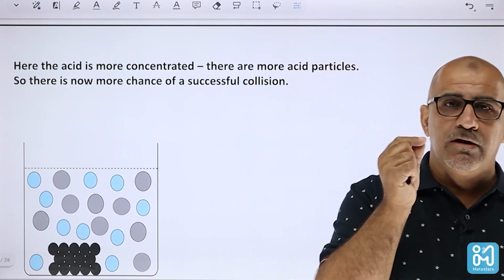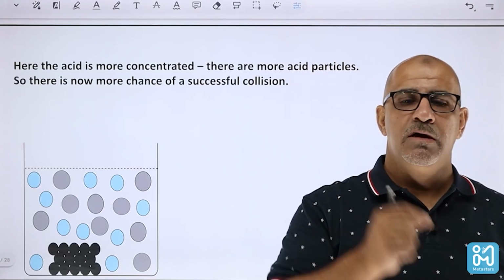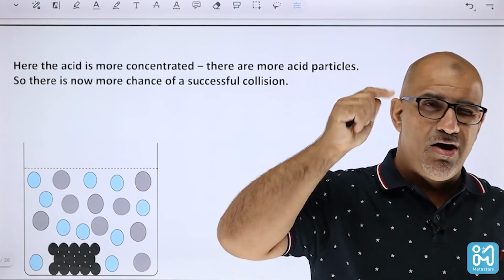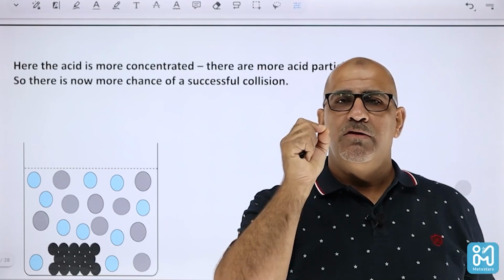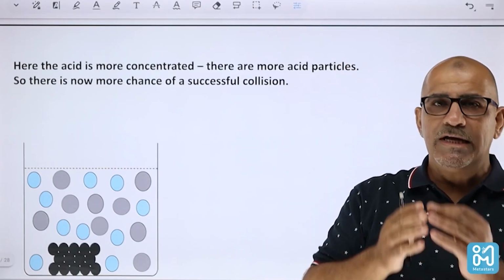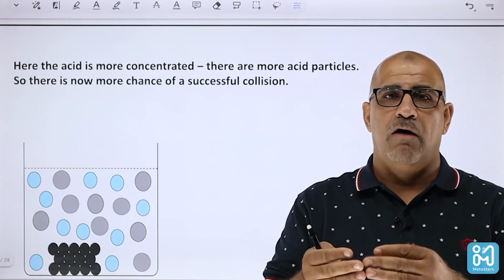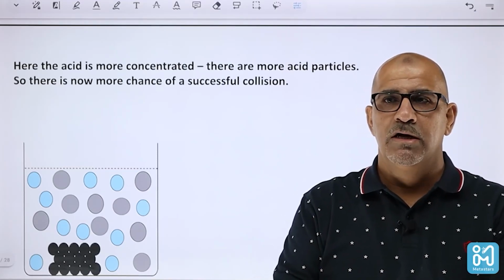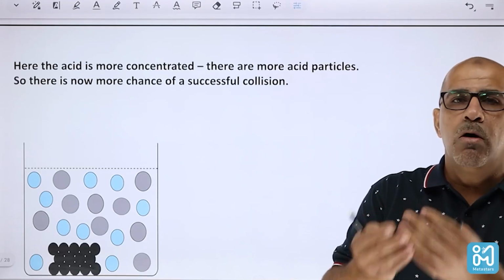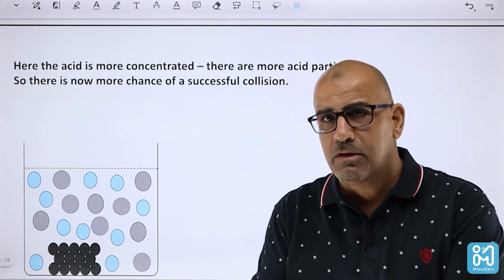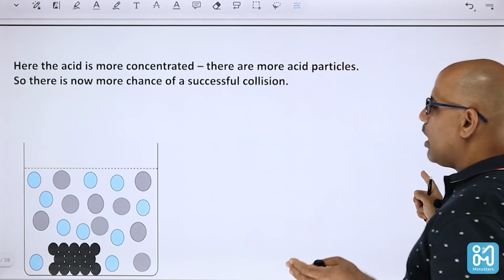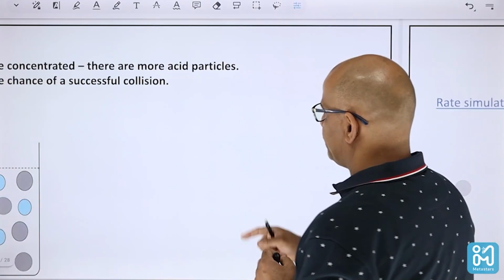So for the concentration factor, you should mention the following: increasing the concentration increases the number of colliding particles, so they collide more successfully because the number of particles was increased.